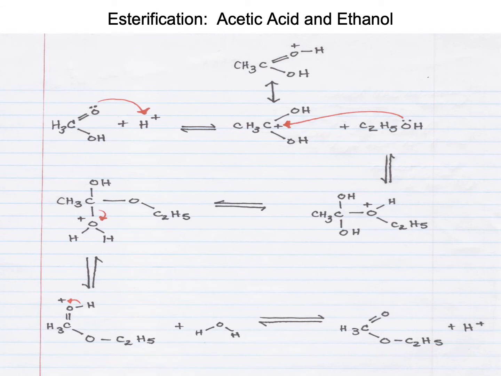In the second step, we have the carbocation of the secondary carbon in acetic acid, and then after the carbocation, the oxygen from ethanol is going to attack that carbon. You will see in the third step that this oxygen is going to have the extra proton.